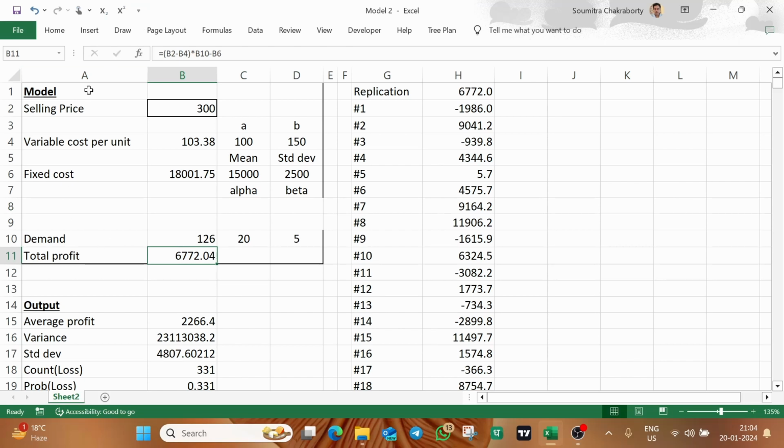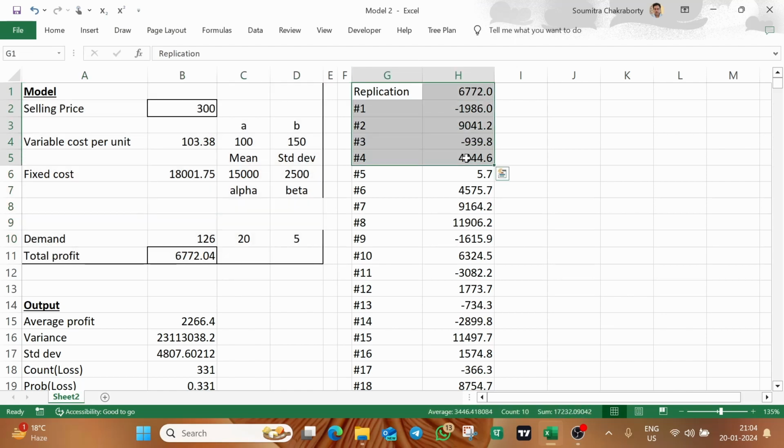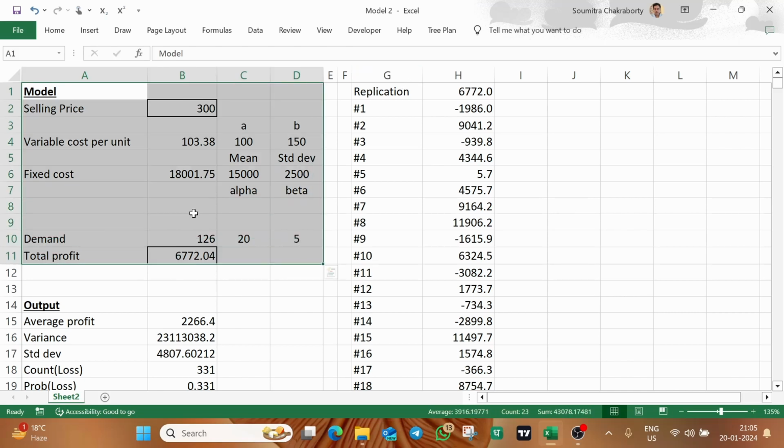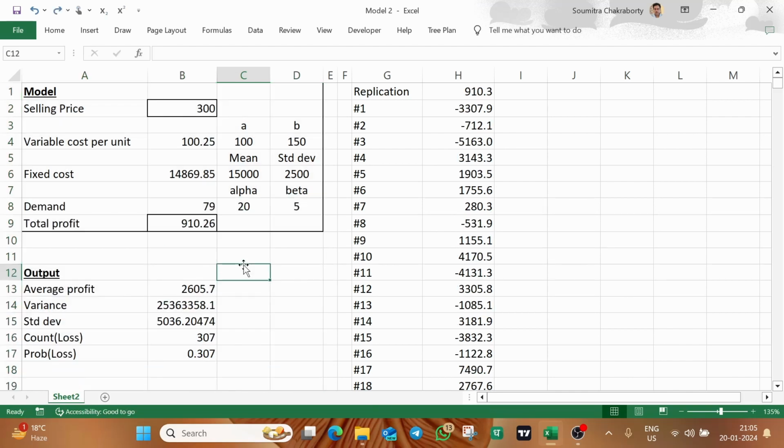You just have to change this one model, nothing else has to be changed in the replication part. So just change the calculations and the interrelationships between the variables in this one model, and then everything else is taken care of by the data table application, and the output is also based on the data table output, and hence it is automatically calculated, right? So this is one thing.